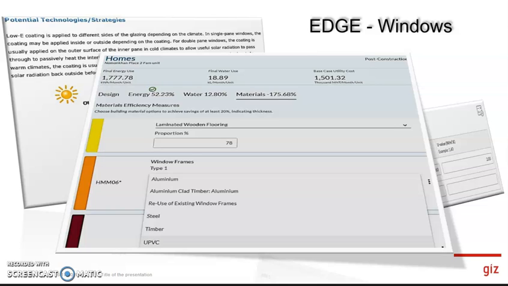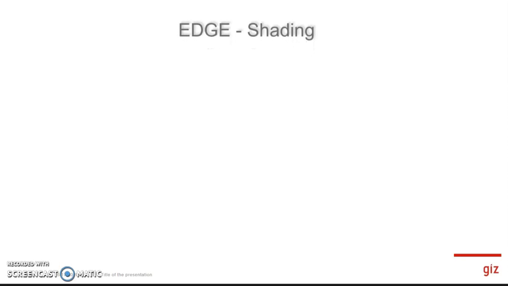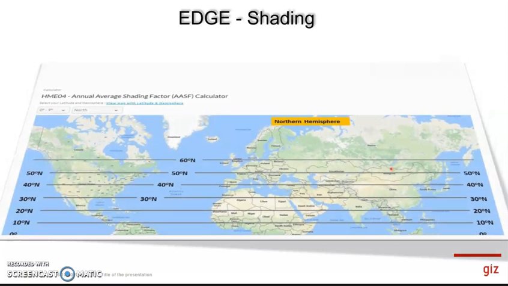Let's see the last slide. Yep, we have still one to go. Here you can see Edge provides a latitude map for the calculation of the AASF, which is written here as annual average shading factor.